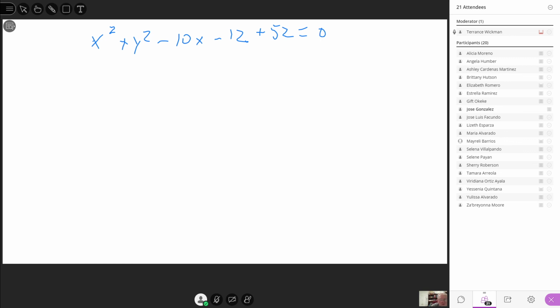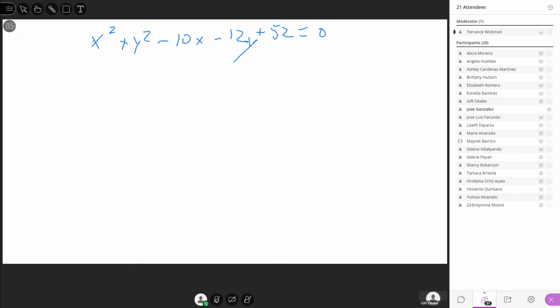Now, in order for us to get it to look like the other one, remember on the right was the number by itself. Remember we had 36 and 49? Yes.